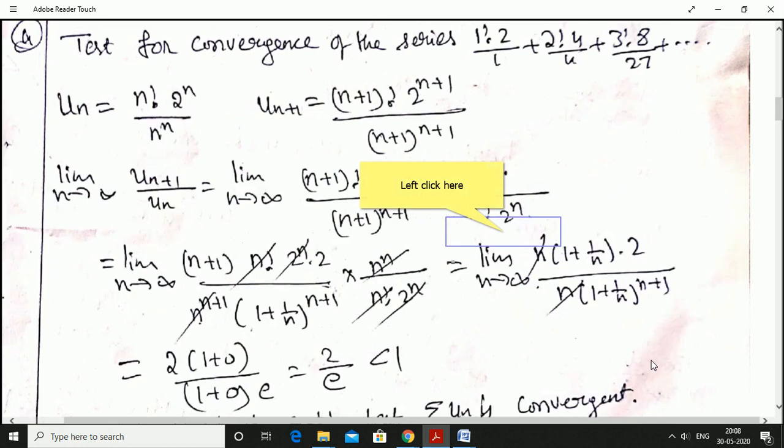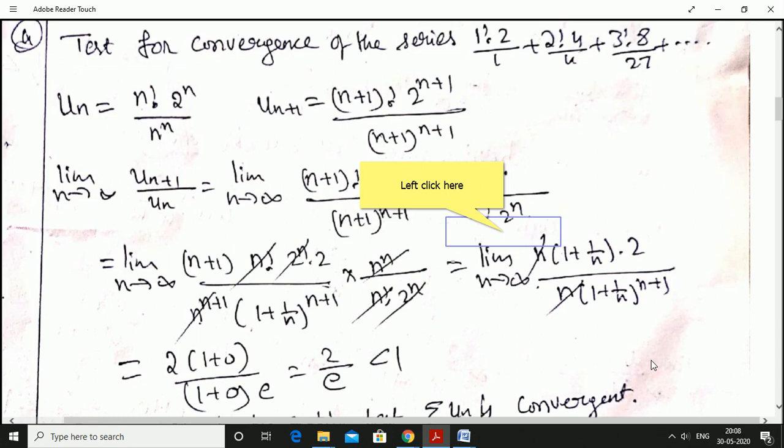Next one is test for convergence of the series 1 factorial into 2 divided by 1 plus 2 factorial into 4 divided by 4 plus 3 factorial into 8 divided by 27 plus dot dot. First we need to write down the nth term un.